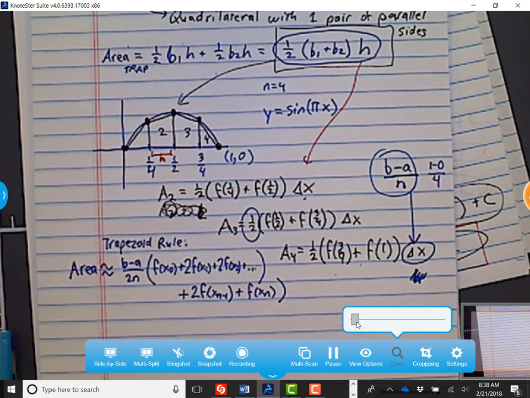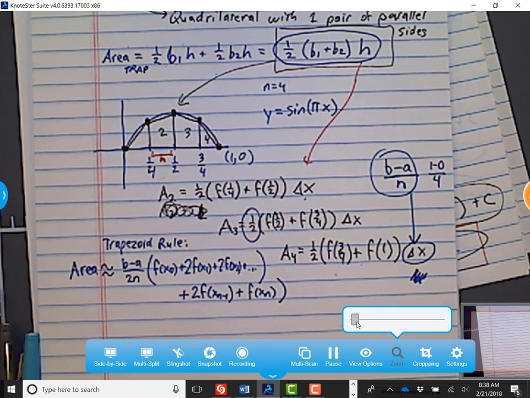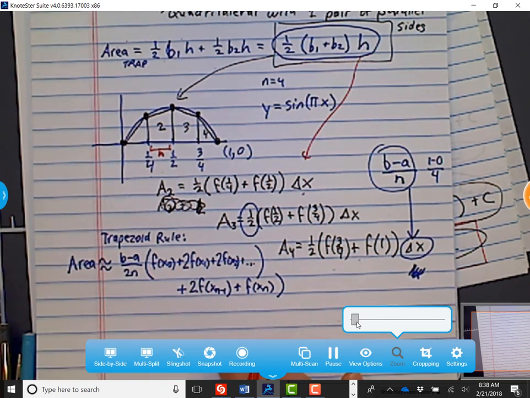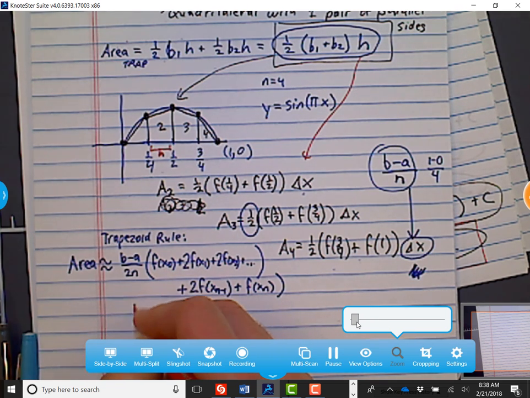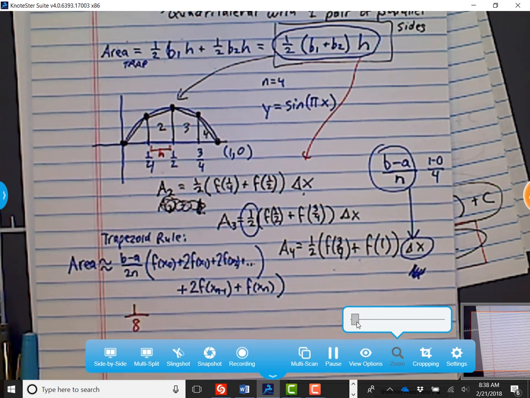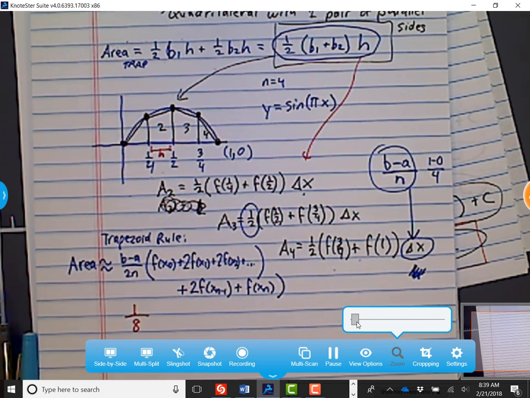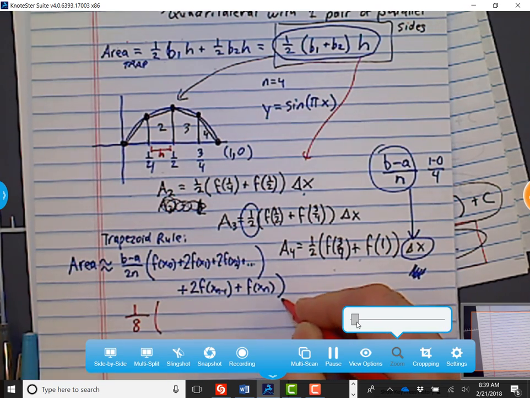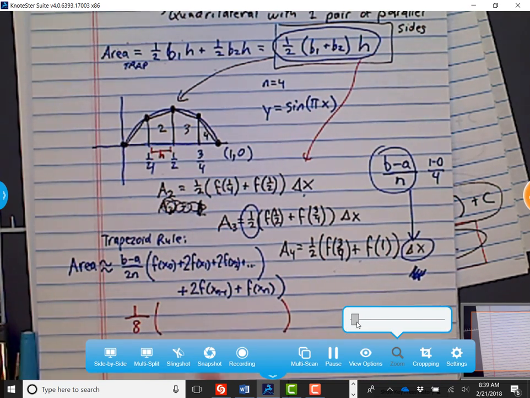And so this does it. b minus a over 2n times this stuff. Actually, I'm going to go ahead and work it out with our very simple example and see what we get. So we have b minus a would be 1 over 2 times n. So that's going to be 1 over 8, right? Because 2n would be 8. Times... And then I think we worked out the other pieces of this, right?